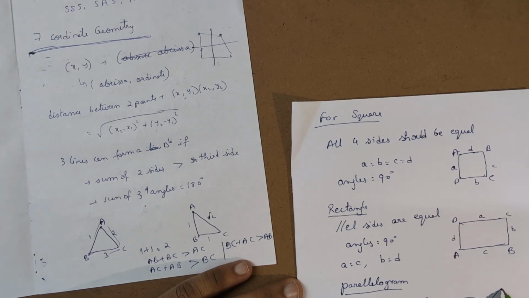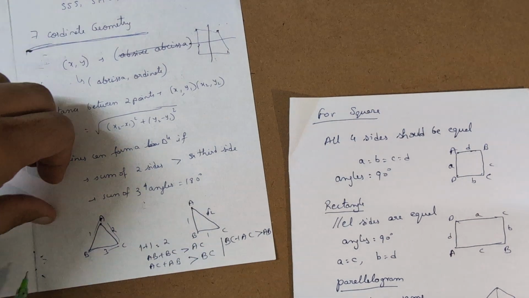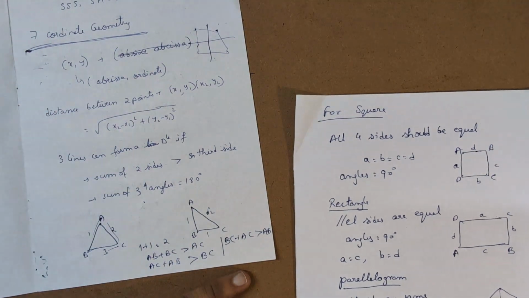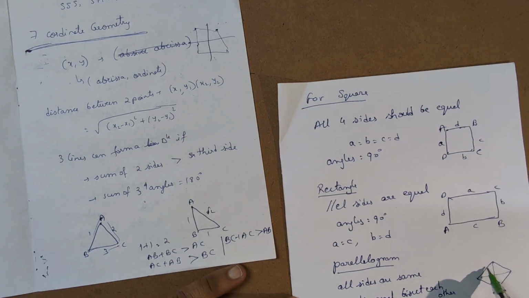This is a rhombus. This is also similar to a square, but the angle is not 90 degrees, whereas for a square the angle is 90 degrees. Sorry, this is a rhombus as I mentioned. Parallelogram is this. A, B, C and D.